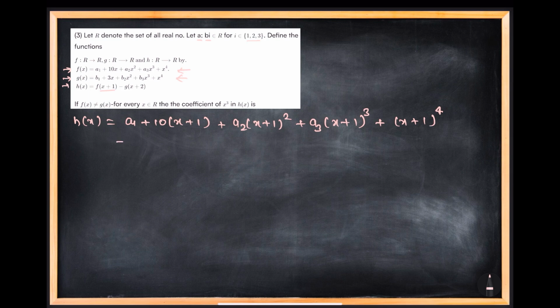So it is minus b1, minus 3 (x plus 2), minus b2 (x plus 2) whole square, minus b3 (x plus 2) whole cube, and then (x plus 2) whole power 4. We have to subtract, that's why we are changing the signs. Here we will have minus.